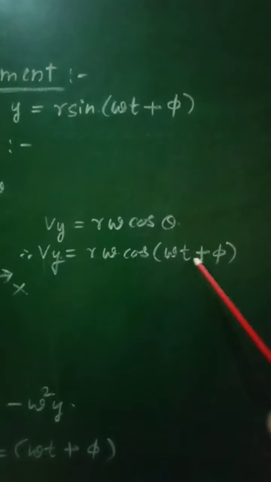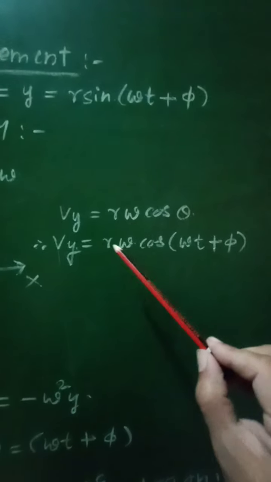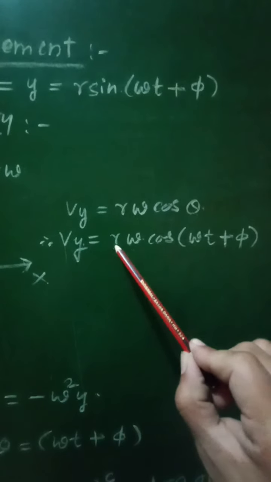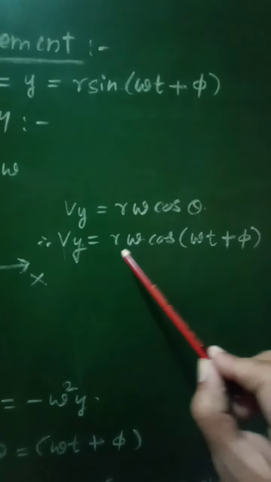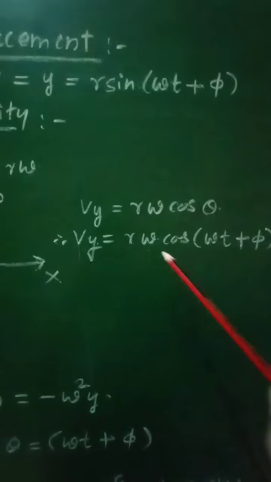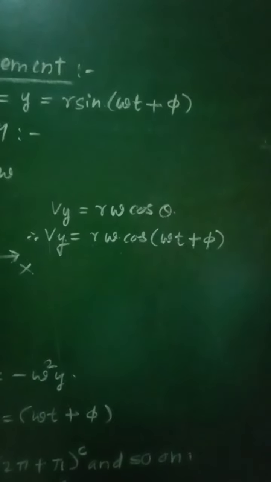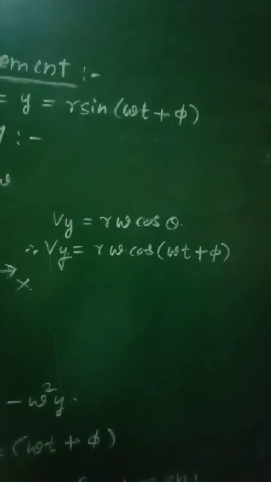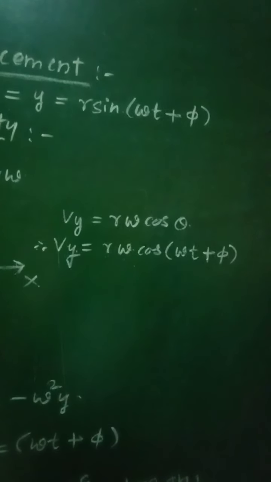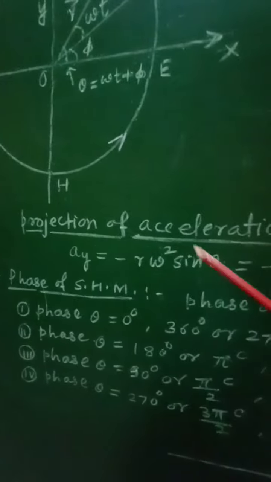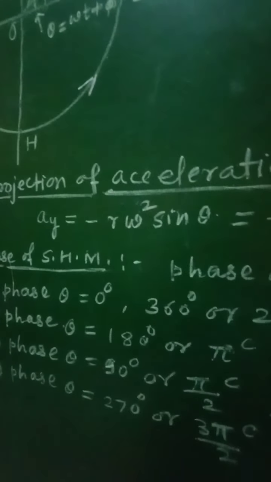Therefore, in this case v will represent the velocity, and this r omega will be similar to a omega, and therefore this equation will represent the equation of velocity of a particle performing linear SHM. And now let us consider the next case, that is the projection of acceleration in case of SHM.